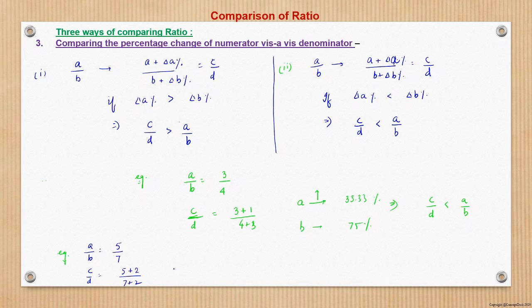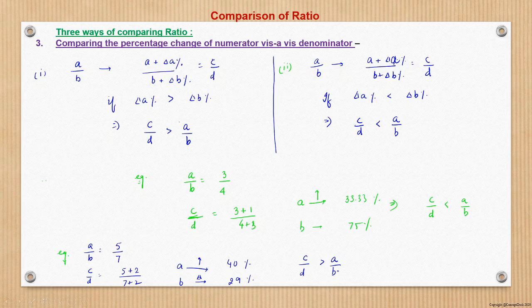So what happens here? A increases by 2 by 5, which is 40%, and b increases by 2 by 7, that is roughly 29%. So since the numerator increases more than the denominator in percentage terms, the resultant ratio c by d will be more than a by b.